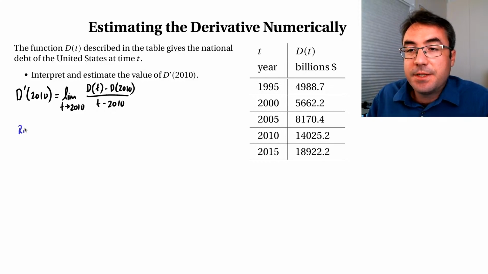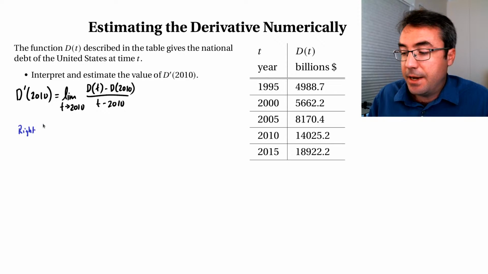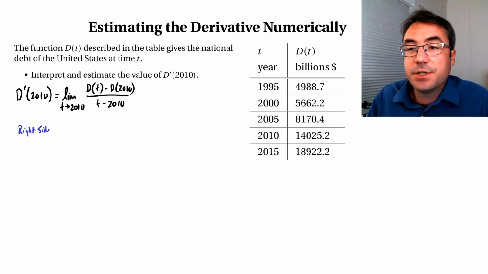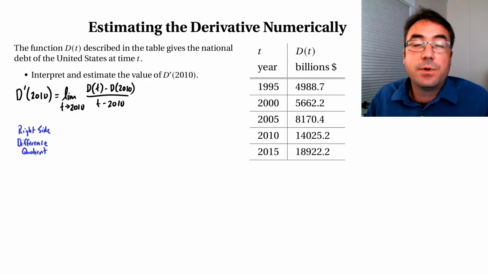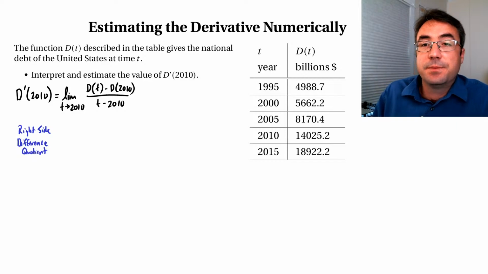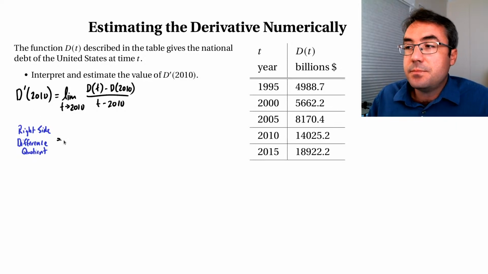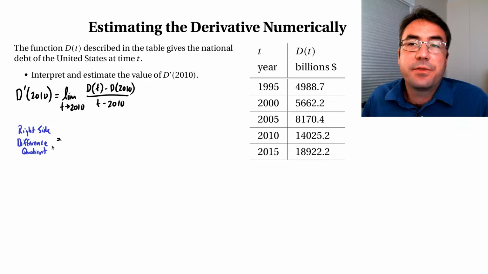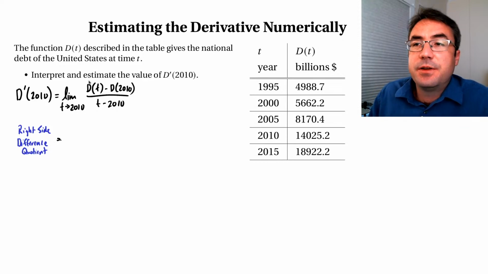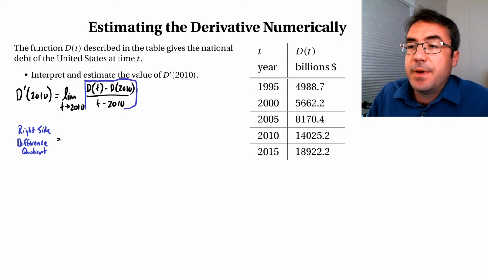We could approach on the right side, so we're going to look at a right side difference quotient, and we could also approach from the left, so we'll also look at a left side difference quotient. What is our difference quotient? Well, it's this gadget here without the limit.